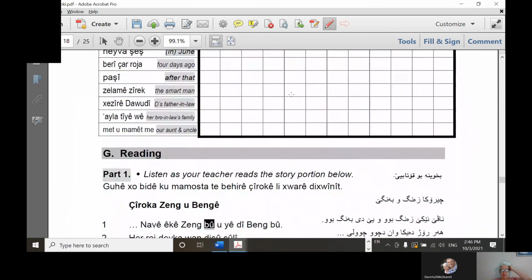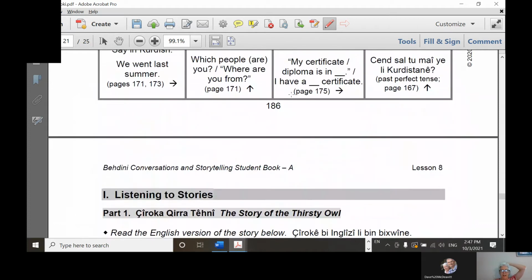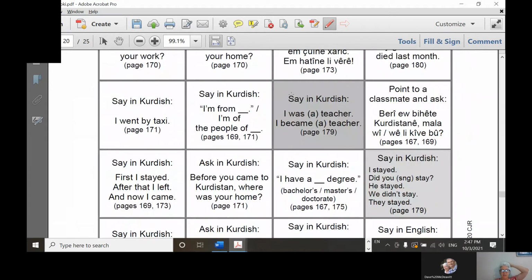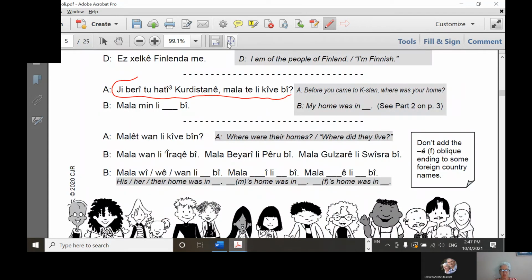Okay. All right, here we go back to our page 186. I'm on the wrong one, sorry. Page 186.